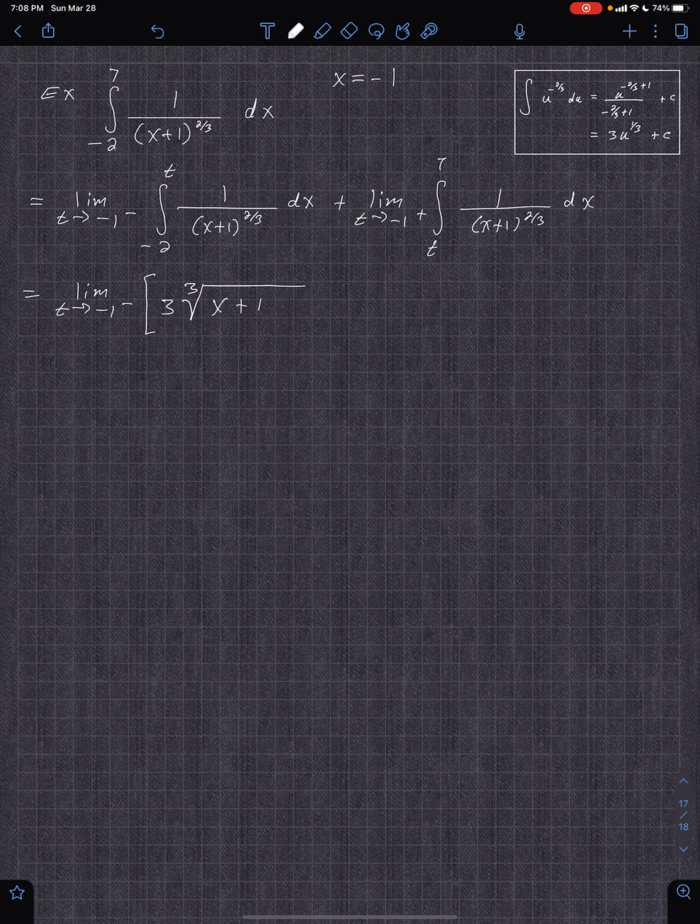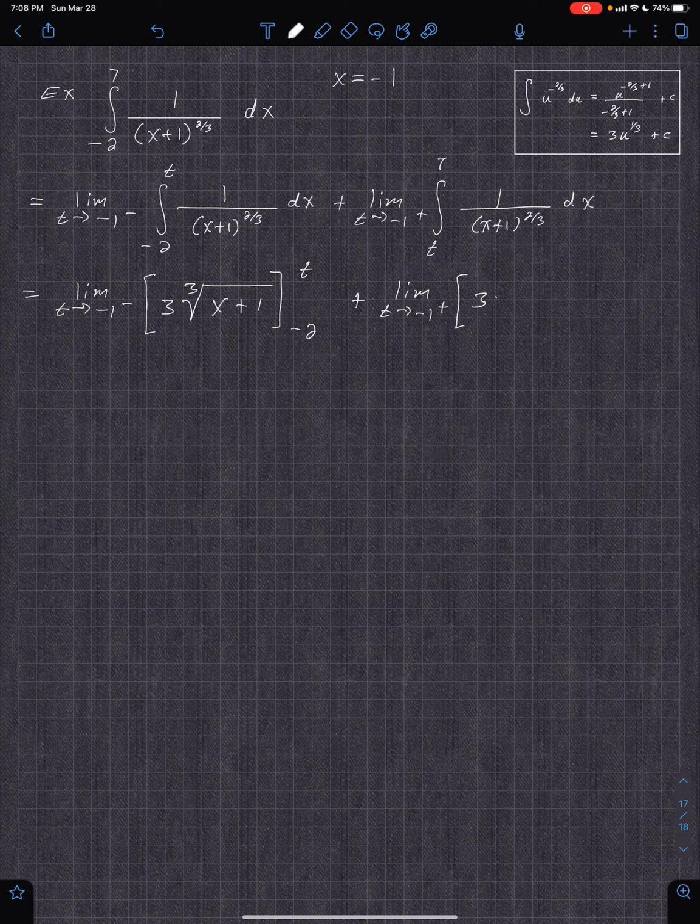Just put the cube in there. And we evaluate from -2 to t. Okay, so you can see how this is going, right? This is a good time to pause this and work ahead and see if you get this.